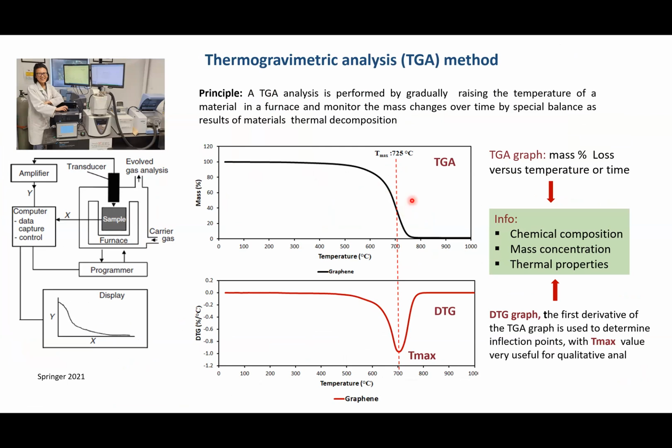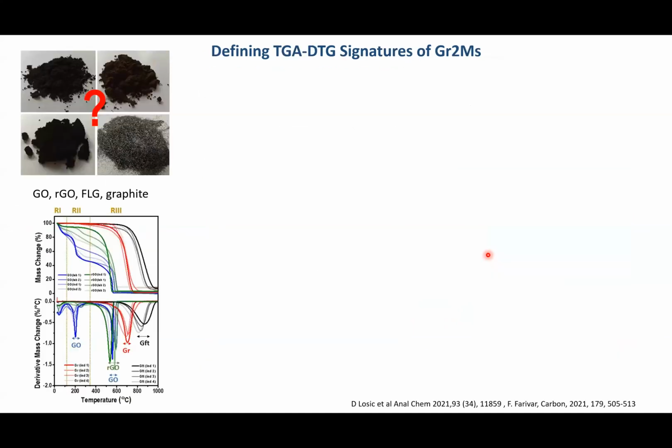The mass changes are represented as a TGA graph or a first derivative DTG graph with peaks and Tmax values. These graphs can reveal much useful analytical information, showing properties of materials, chemical composition, and so on.